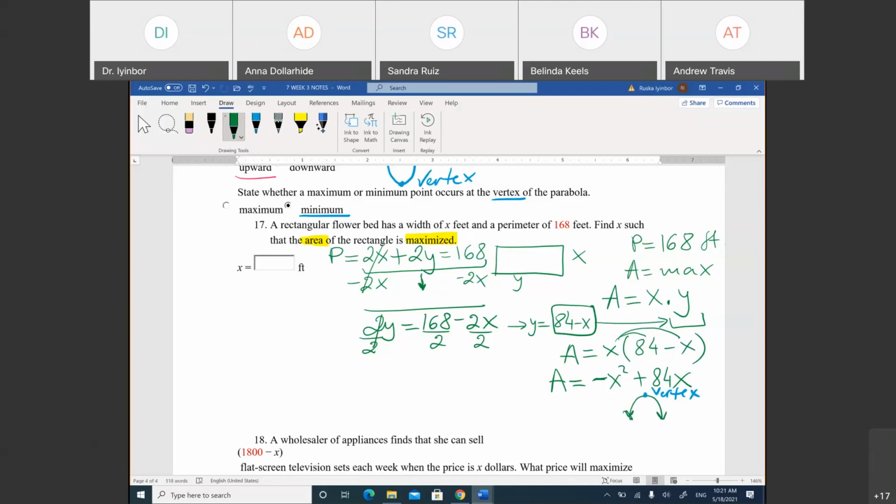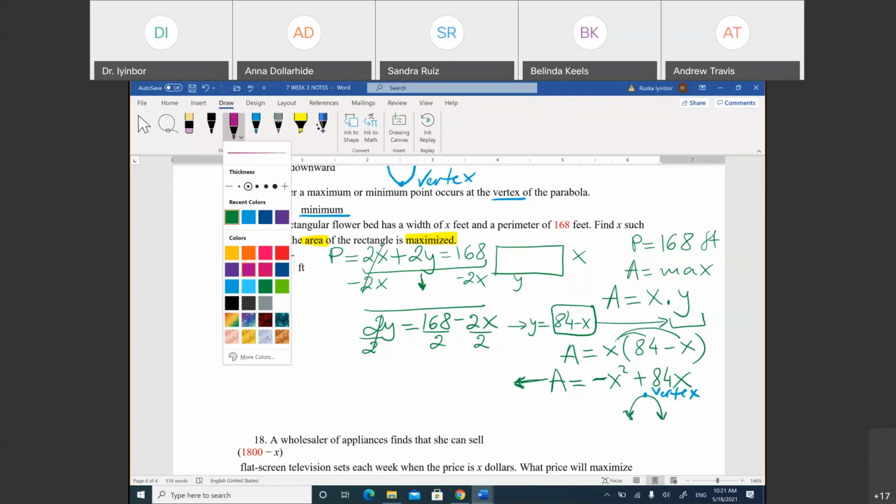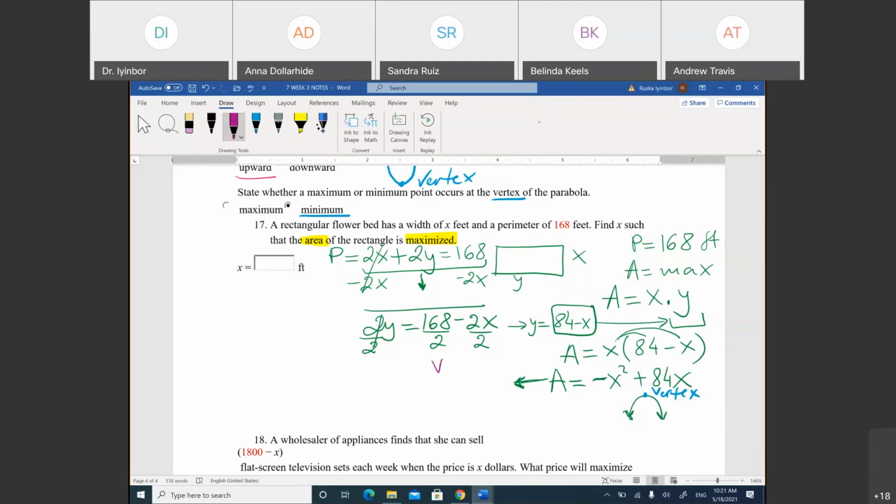So how do you find the vertex of the area? Option 2, that's right. So we're going to use the formula to find the vertex. So what is A? A is -1, that's right. And what is B?